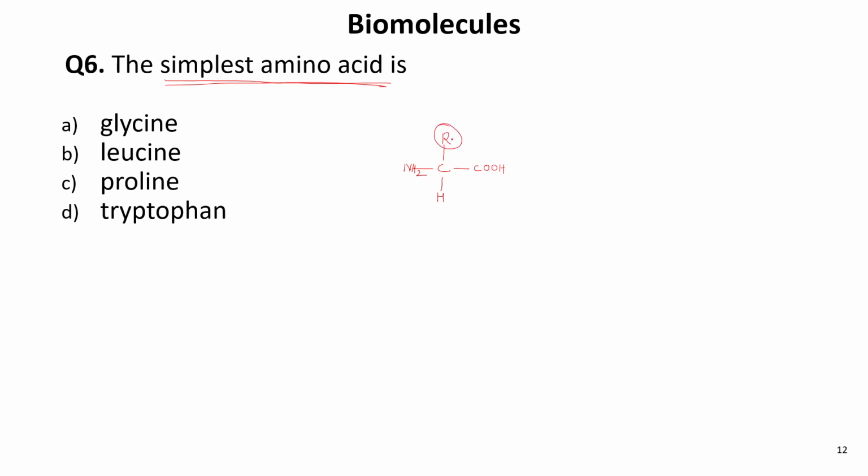Okay, so when this R group is H, it will be the simplest amino acid. So here glycine is the simplest amino acid. The correct answer is glycine.